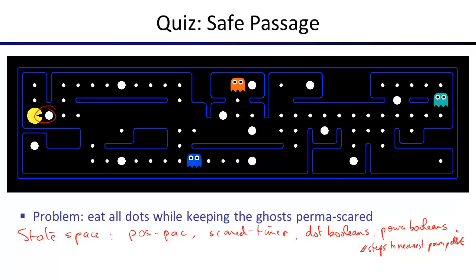Anything else? I had a question about that one. Would that be built into the successor function? Okay, so a question about this one here: number of steps to the nearest power pellet. Do we need this or do we not need this? A lot of no's. Why don't we need it? The reason is because we can build this into our search algorithm in some sense. We don't need to encode in the state space ideas we have about what might matter to solving the problem. All we need to encode is something that allows us to have a successor function and a goal test.